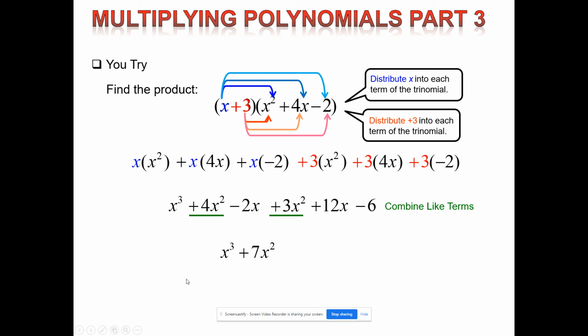You take away 2 of those x's. That becomes 10x. And then we have a minus 6 there at the end. So again, we have 1, 2, 3, 4 terms, which is a polynomial. And it's to the 3rd power. So it's a cubic polynomial.